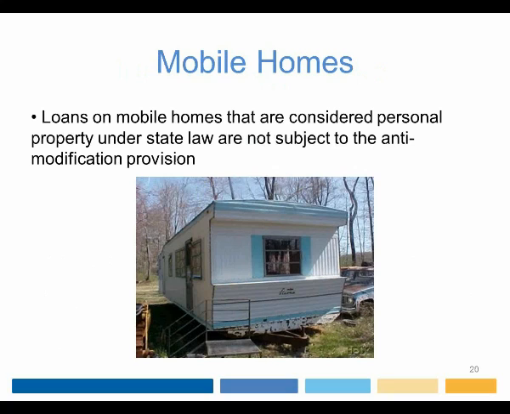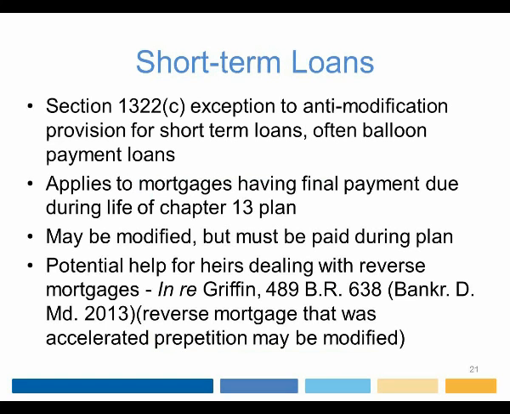And again, this is really helpful because the mobile home might only be worth $15,000. So even though they owe $50,000, the consumer would only need to pay that $15,000 as the secured claim in the Chapter 13, and even low-income consumers would be able to pay that off in 5 years. So that's why that can be very helpful.